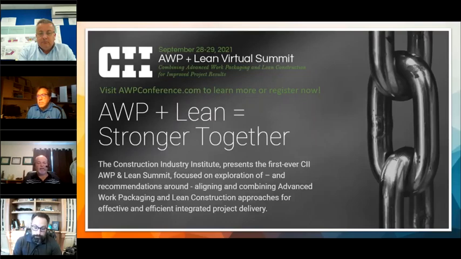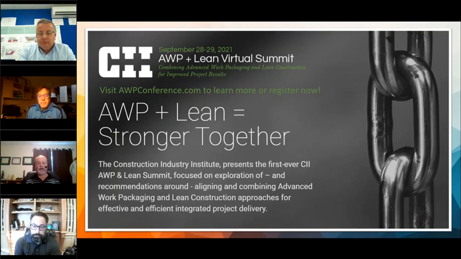We've been spending quite a bit of time developing an AWP and Lean Summit. This is a CII event. It's coming up on the 28th and the 29th. We have 20 experts, a number from the Lean and the AWP communities in our thought leader group, and then a really good contingent of AWP and Lean subject matter experts.